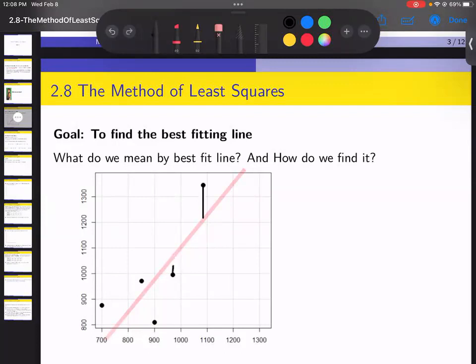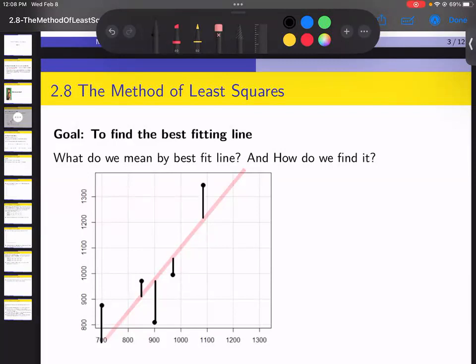In statistics, when you see those distances, they are called the error. Those are the errors between the real data point and the estimated data point, which is on the line.